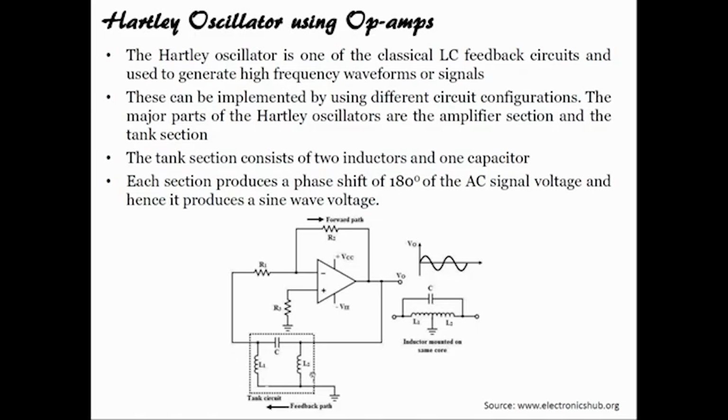This is a tank circuit, as we know, and it can be implemented using two inductors and one capacitor. Each section produces a phase shift of 180 degrees, and hence it produces a sine wave voltage.